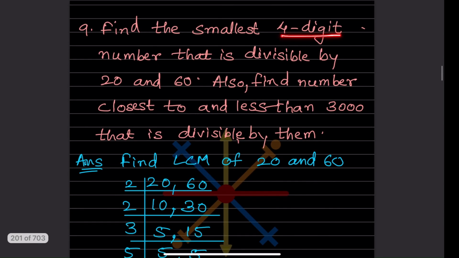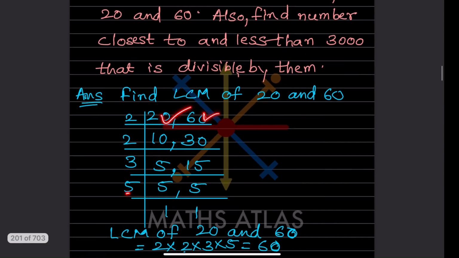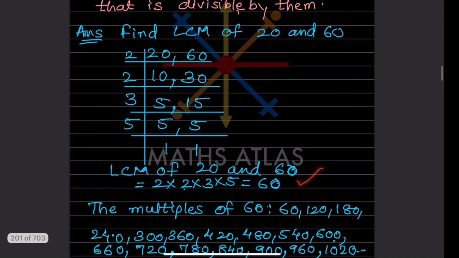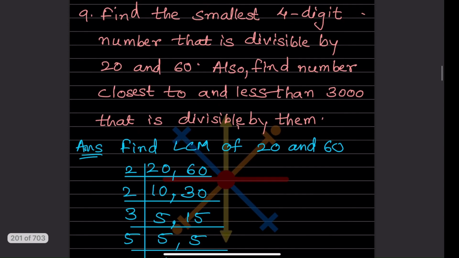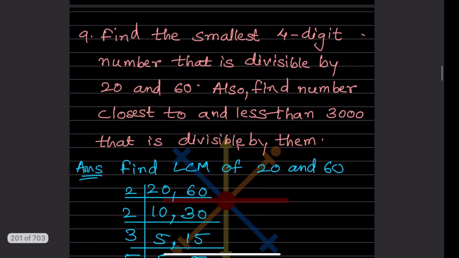Find the smallest 4-digit number that is divisible by 20 and 60. Also find the number closest to and less than 3000 that is divisible by them. So now 20 and 60, we will find the LCM of it. That will be 60. So now what will you do here? They have asked also to find the number closest to and less than 3000 that is divisible by them. So now first we'll take the multiples of this 60.